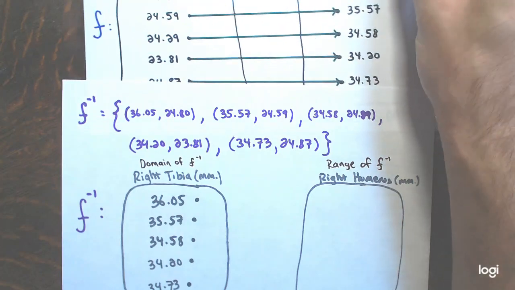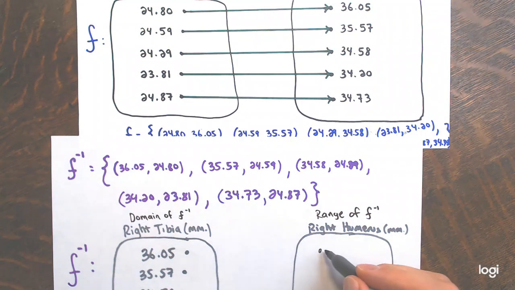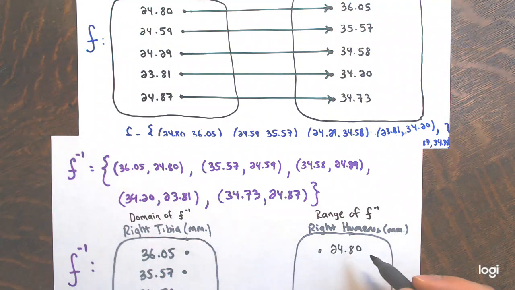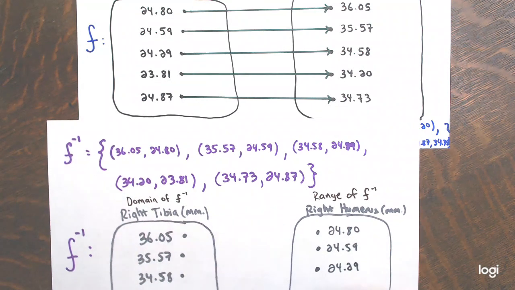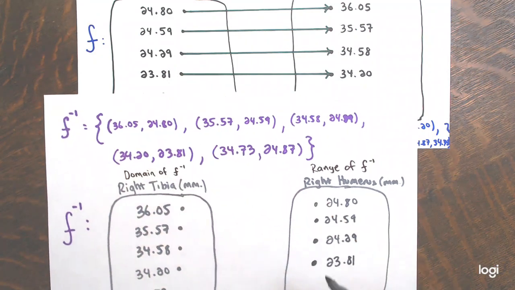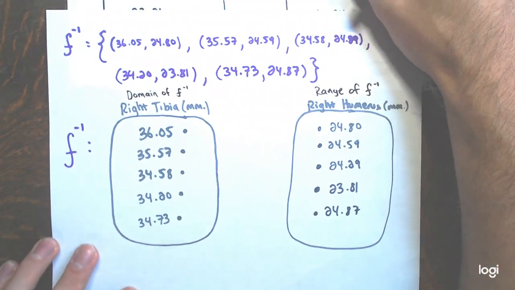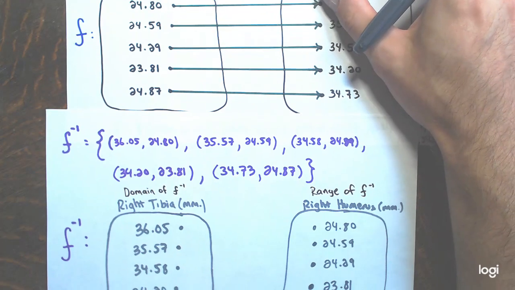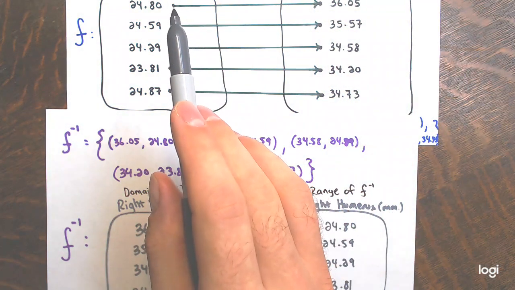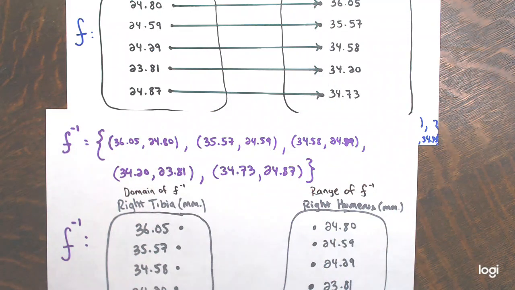So all these humerus lengths: 24.80 millimeters, 24.59 millimeters, 24.29, 23.81, and 24.87. Then we just switch the order. In the original function, 24.80 corresponded to 36.05. Just reverse that.